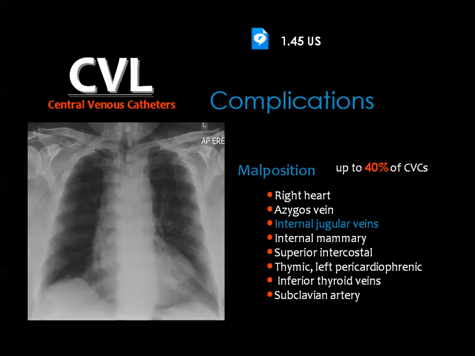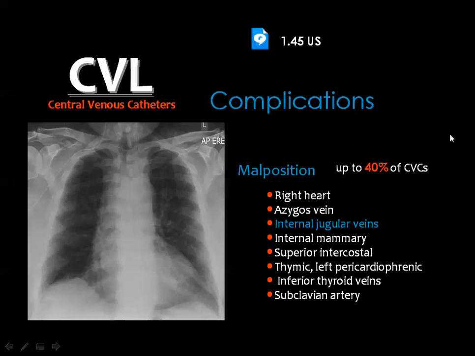And these are frequent sites of malposition of the catheter, including that the catheter has passed into the right side of the heart, into the azygos vein, into the internal jugular vein, as you can see in this example, into the internal mammary vein, the superior intercostal, the thymic, the inferior thyroid, or the subclavian artery. These malpositions are seen in about 40% of central venous line insertions.